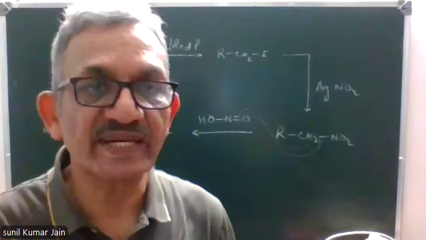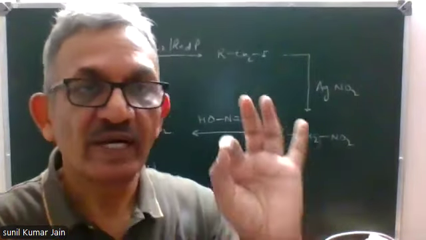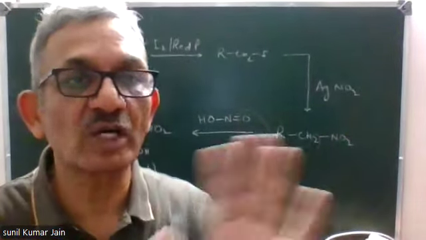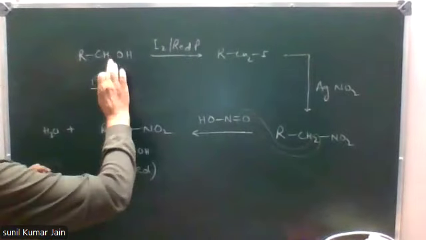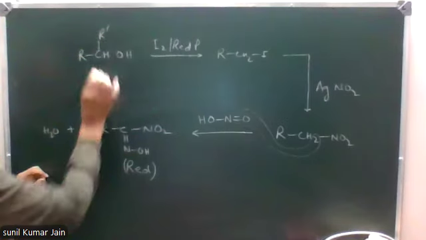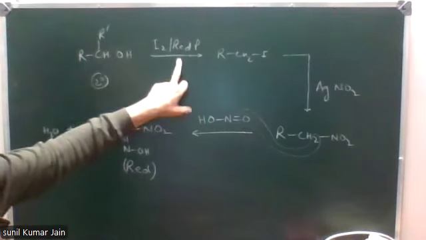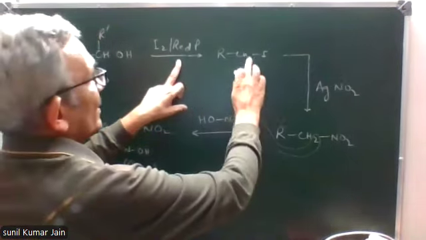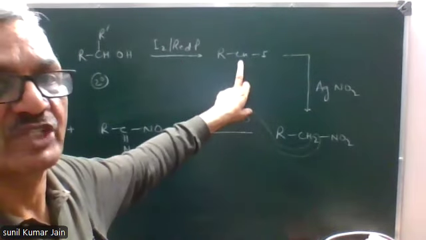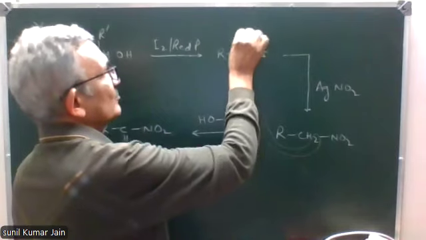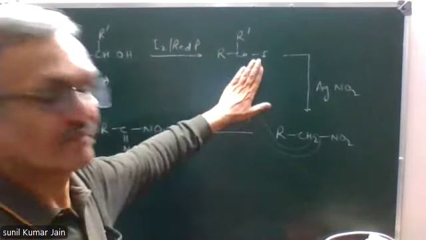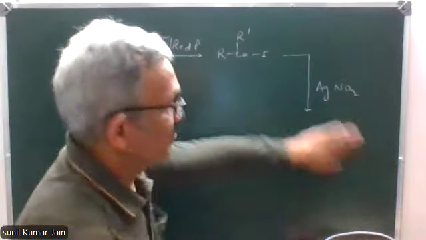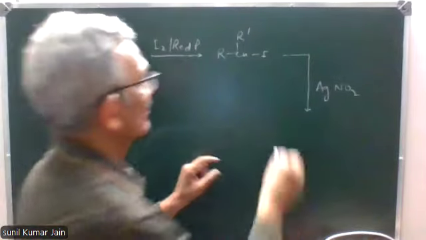Now I'll write equations for secondary alcohol. There'll be slight change. I'll slowly keep on making changes so that you can easily understand, and you'll find there's not much difference. Replace one hydrogen by alkyl. This is secondary alcohol. Please keep on writing the equation. Make the same change in this product. Next. Make the same change in the next product.